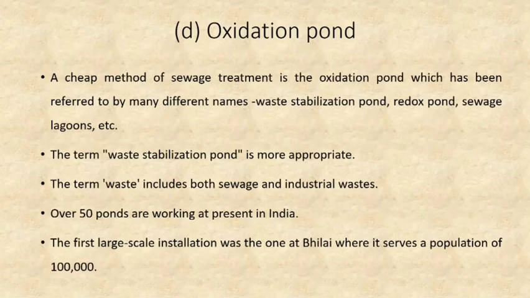The next method is the oxidation pond. The cheap method of sewage treatment is the oxidation pond, which has been referred to by many different names, like waste stabilization pond, redox pond, or sewage lagoons.